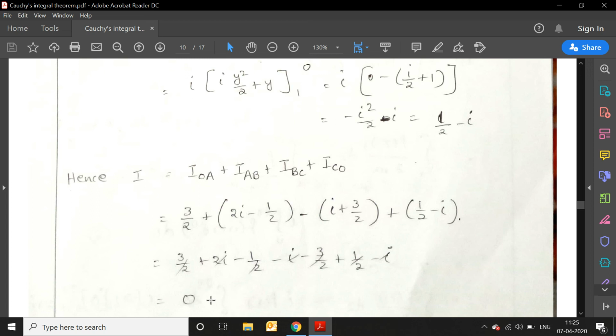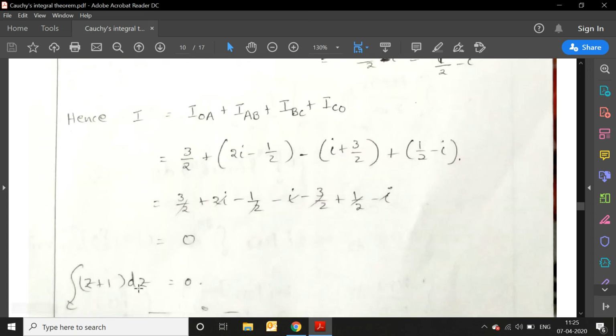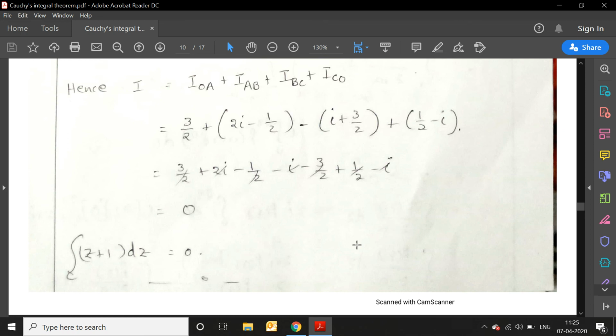Cancelling all the values, we get the solution as 0. What is I? I is equal to the integral over C of (z + 1) dz, and the value is 0. This problem is proved by using the multiply connected region.